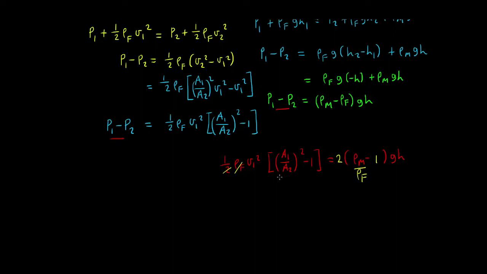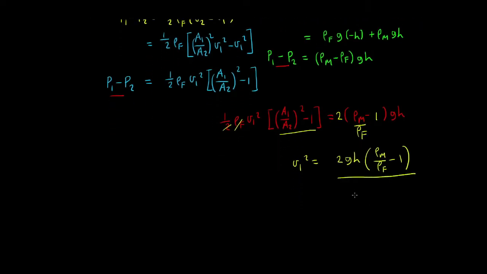Then we can divide through by this term in the brackets, so that gives me V1 squared is equal to 2gH multiplied by the density of the fluid in the manometer on the density of the fluid in the pipe, and then minus 1, and that's divided by the ratio of the cross-sectional areas of the pipe squared minus 1. And now if we take the square root of both sides, we get V1 is the square root of this entire expression.